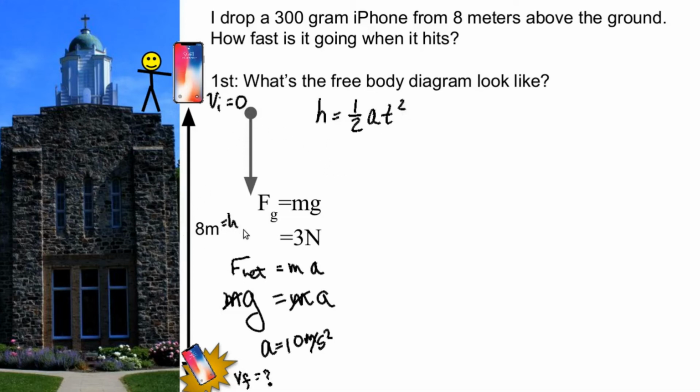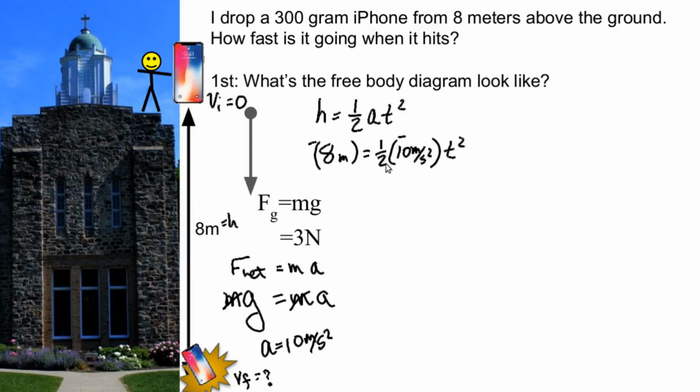This is the height right here, 8 meters. So 8 meters is equal to 1/2. The acceleration is 10 meters per second squared. And if I'm really careful, I know that this is negative 10 meters per second squared, and it's falling a distance of 8, so those are both negative. The negatives will cancel, times the time squared.